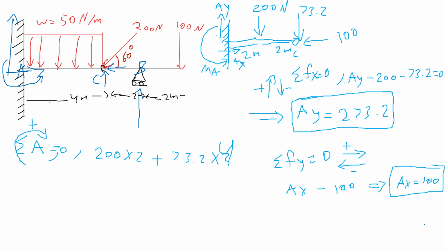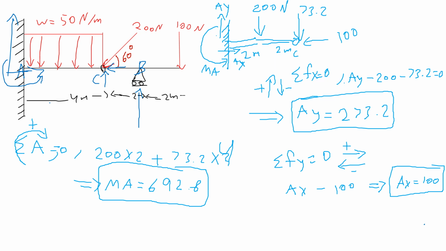Okay, divided by 4 gives me 692. The MA equal 692.8. But just to make sure, I'm going to take the moments from the C direction.